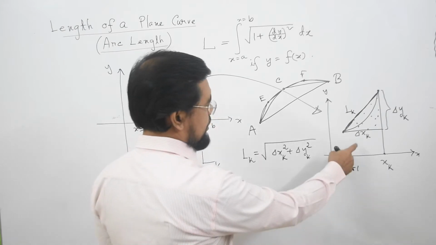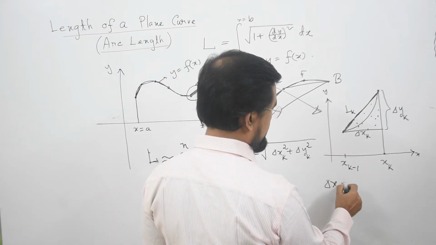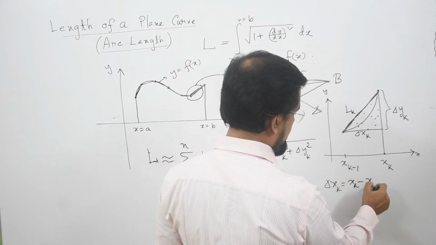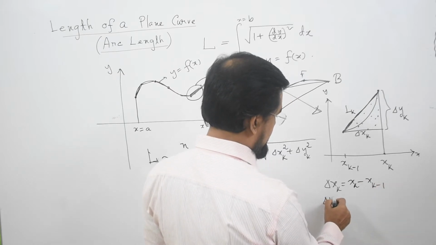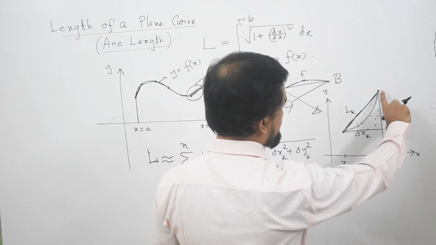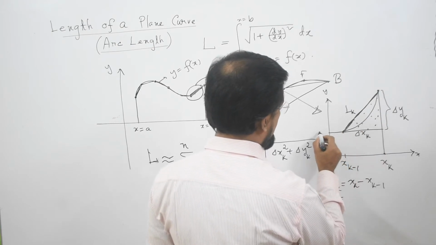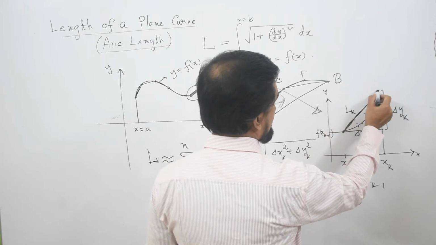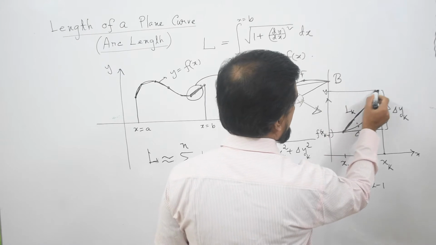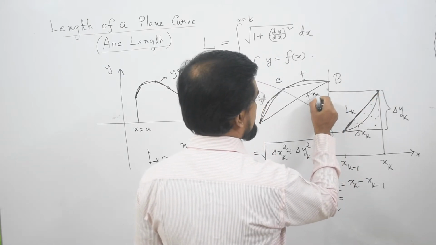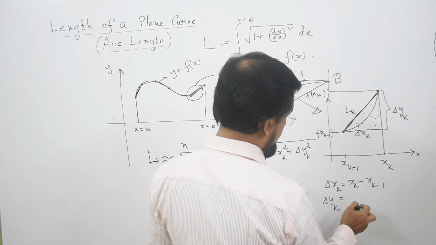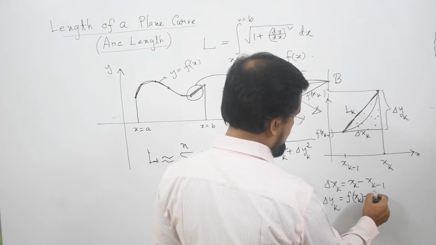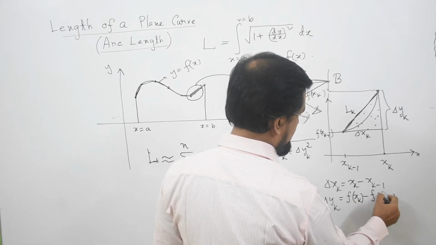And what does delta x mean? Delta x k is the difference between these two, x k minus x k minus 1, and delta y k is f(x k) minus f(x k minus 1), since at this point it is f(x k minus 1) and at this point it is f(x k).